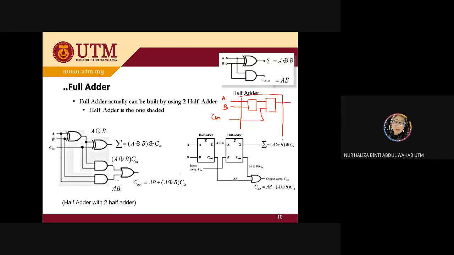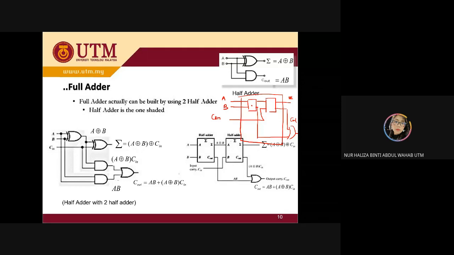Then you have the output for your sum, while there is another output for your half adder here, and there is another output for your half adder. This output and this output you add together to be your carry out.